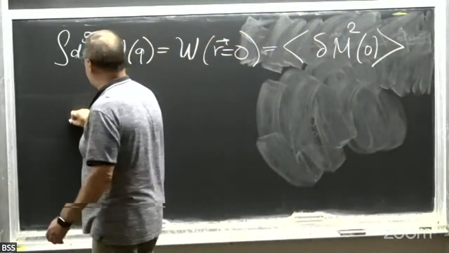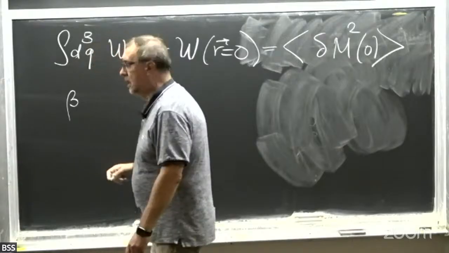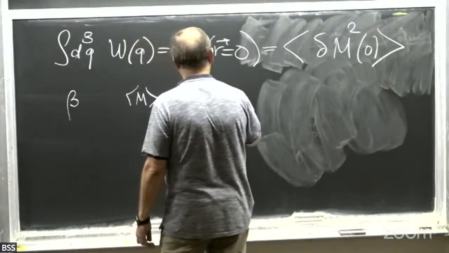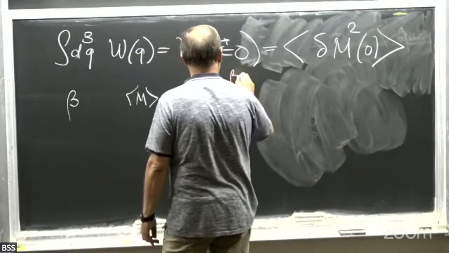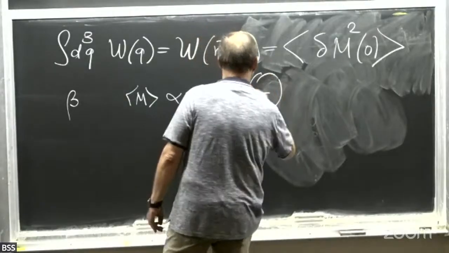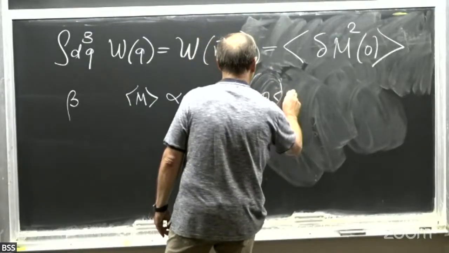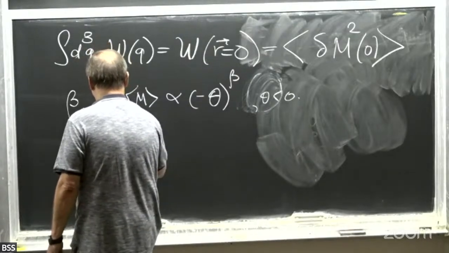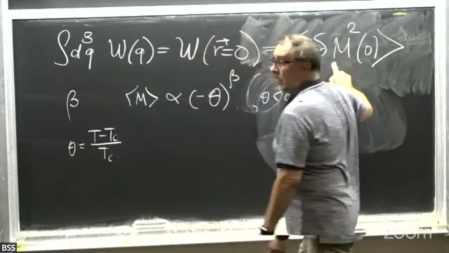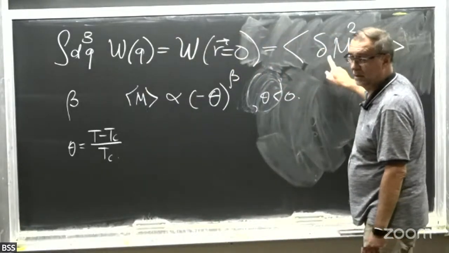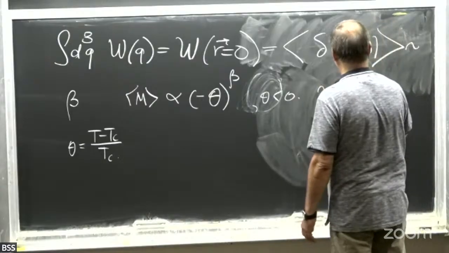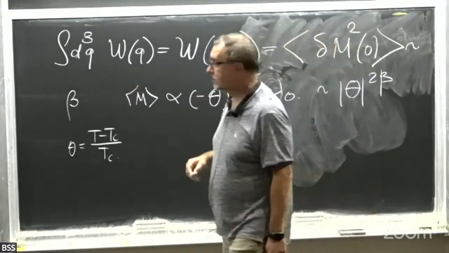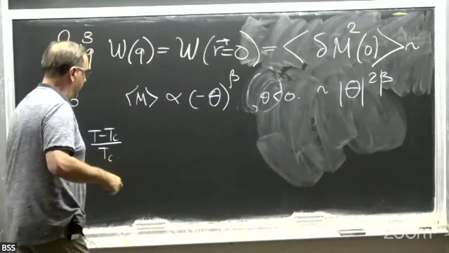Now, there is an index beta in critical theory, such that the average order parameter equals minus reduced temperature to the power of beta when theta is negative, theta being my reduced temperature, T minus Tc over Tc. Here I have two powers of the order parameter. Therefore, I will end up with scaling theta to the power of 2 beta. So that's going to be the final result.